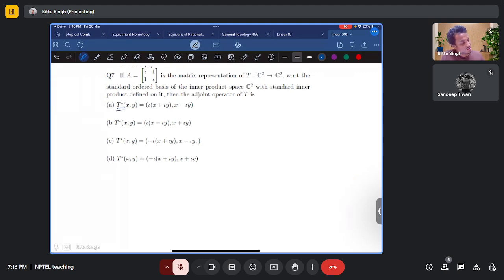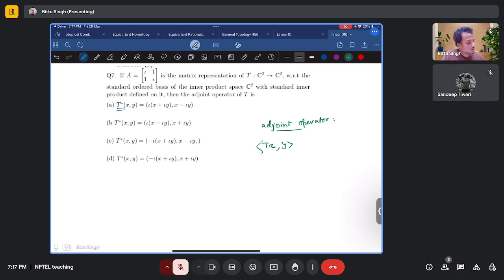So let us first see what an adjoint is. This T star is actually called the adjoint operator. Suppose T is a given operator. Then we have seen the inner product Tx comma y.